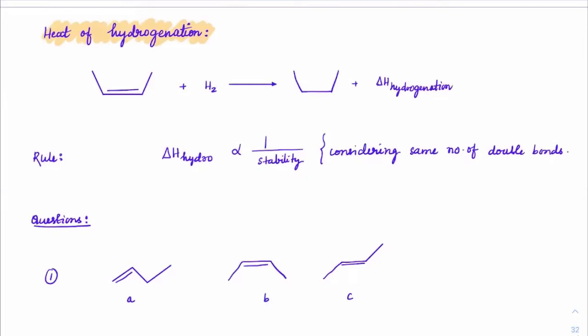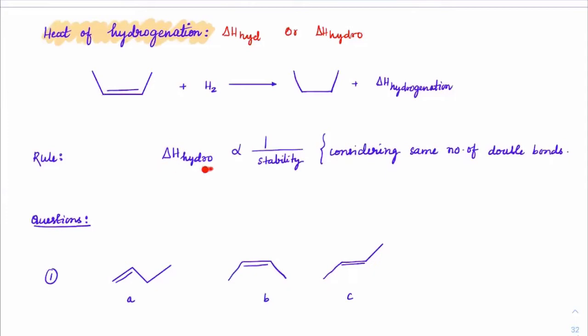Heat of hydrogenation is normally written as delta H of HYD or delta H of hydro. This tells us, for 1 mole of the reactant, whatever number of H2 molecules you add to give an alkane, the amount of energy released is the heat of hydrogenation.